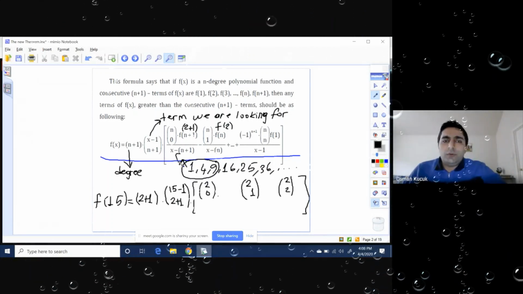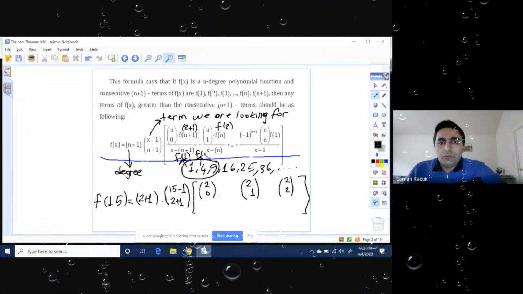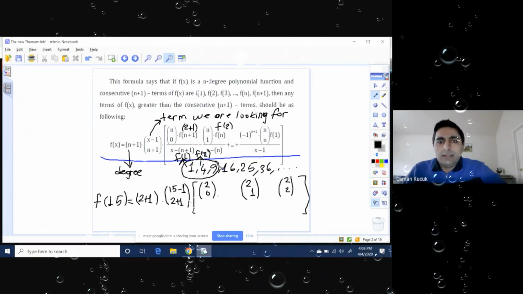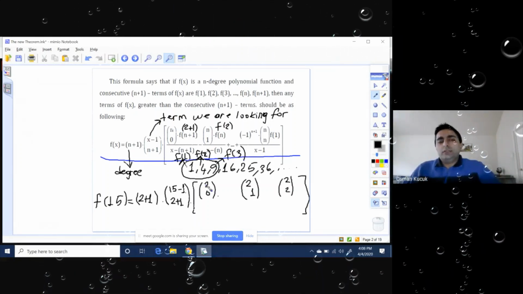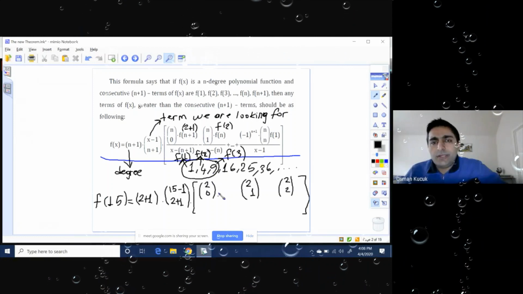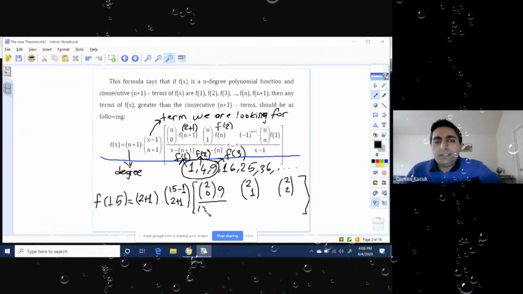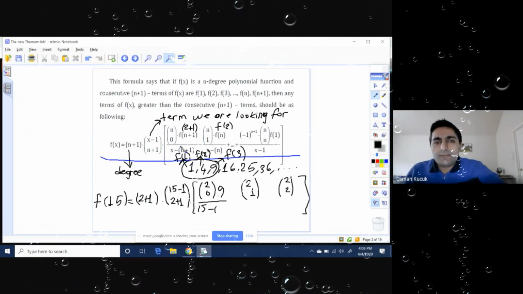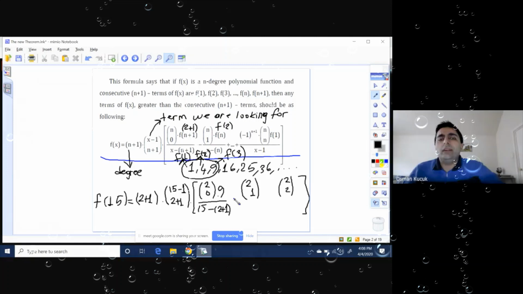1 is f of 1, 4 is f of 2, and 9 is f of 3. So multiply 2 combinations of 0 by 9. Then over 15 minus 2 plus 1, because we need to substitute 2 for n.